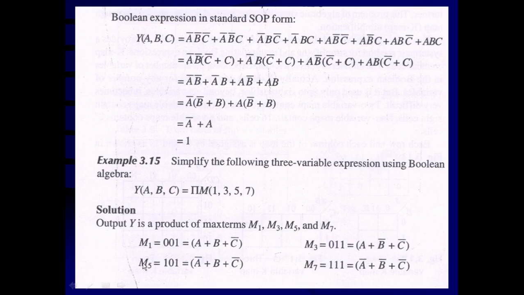Similarly for M5 the binary equivalent for 5 is 101. So this one corresponds to the complemented variable A bar. For 0 the variable is going to be uncomplemented, that means B will be there, and for this one the variable C is going to be complemented, that is C bar. And M7, that is 111, that is equal to A bar or B bar or C bar.